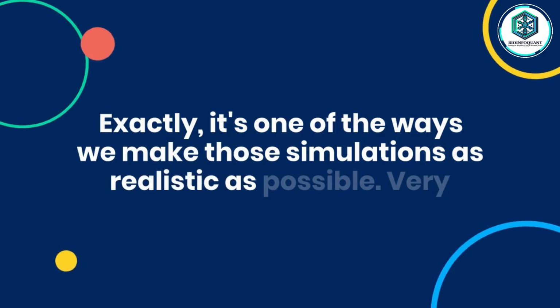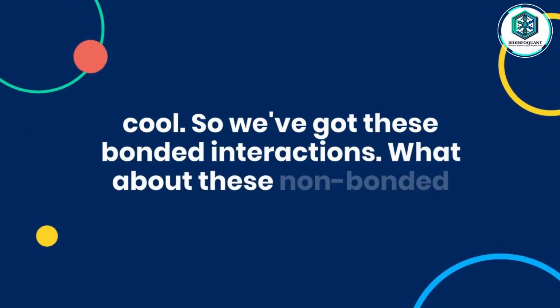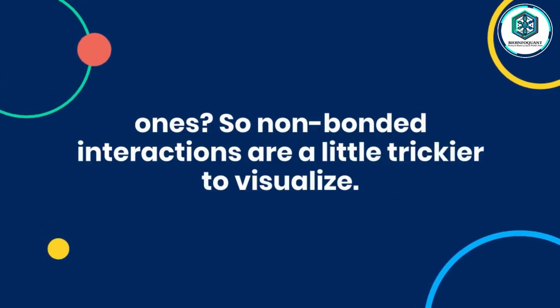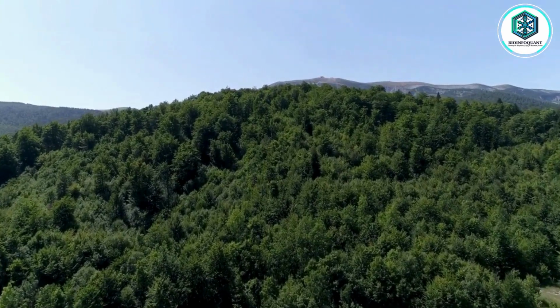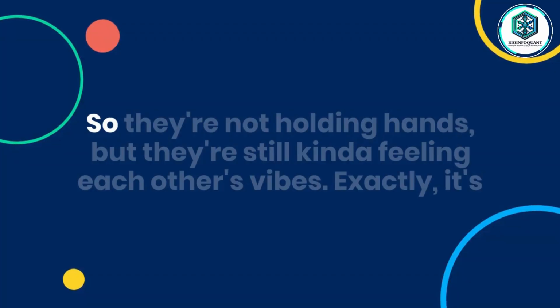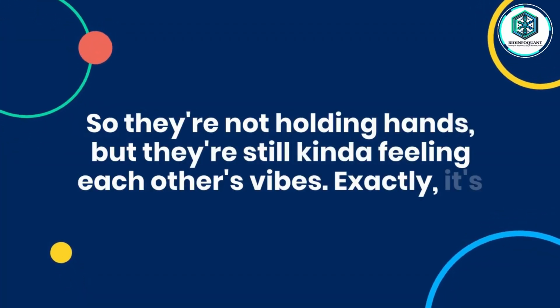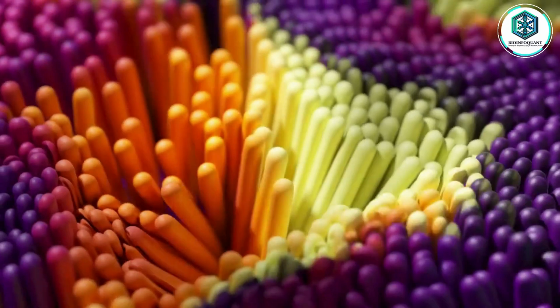It's one of the ways we make those simulations as realistic as possible. Very cool. So we've got these bonded interactions. What about these non-bonded ones? So non-bonded interactions are a little trickier to visualize. They describe how atoms that aren't directly bonded to each other still interact with each other. So they're not holding hands, but they're still kind of feeling each other's vibes. Exactly. It's like they're aware of each other's presence even from a distance.